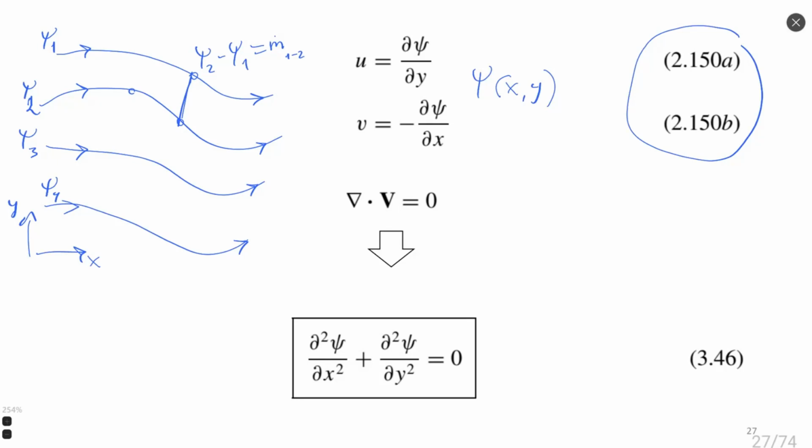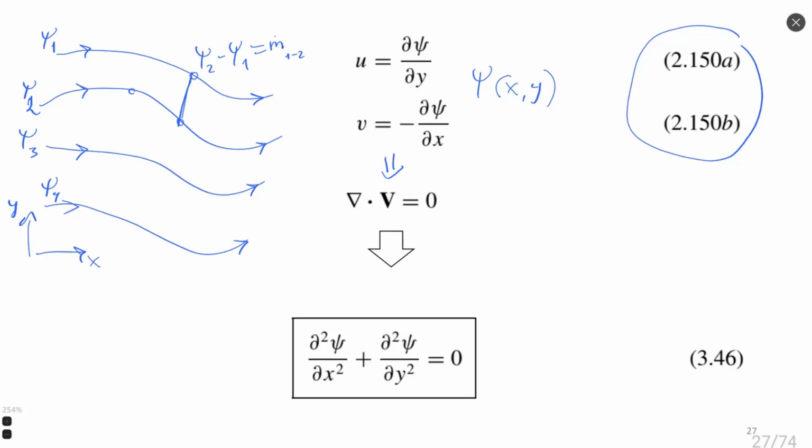Once we have this streamline function, we can also apply it inside our continuity equation. And we can conclude that we are also receiving the Laplace equation. Just take one more derivative from this equation, and you will receive the Laplace equation as well.